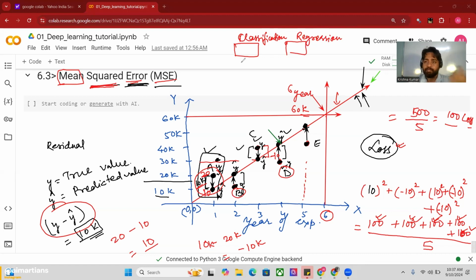Like initially when I started this tutorial, I took a breast cancer data set. So there are two kinds of class: a person having cancer or not having cancer, right? So there were two classes in that data set.